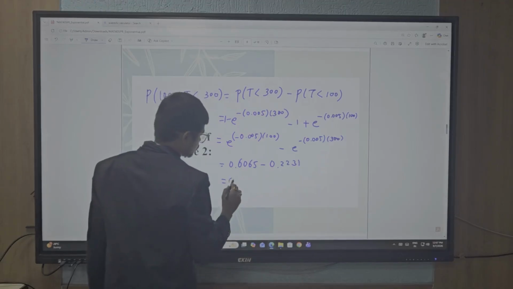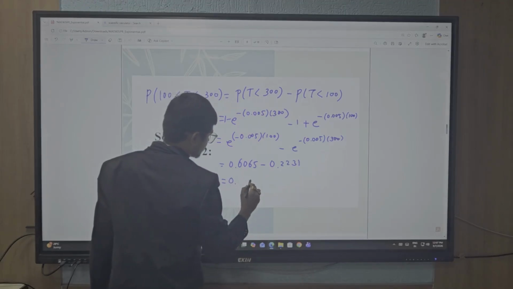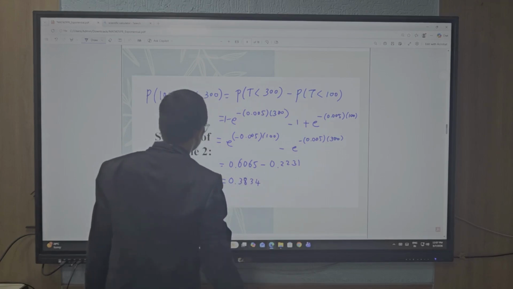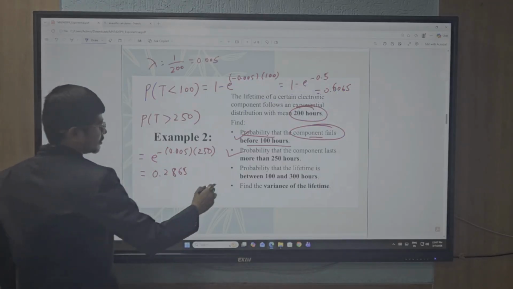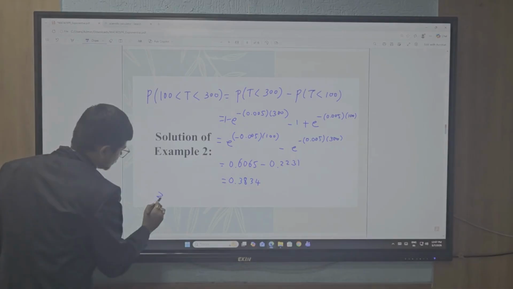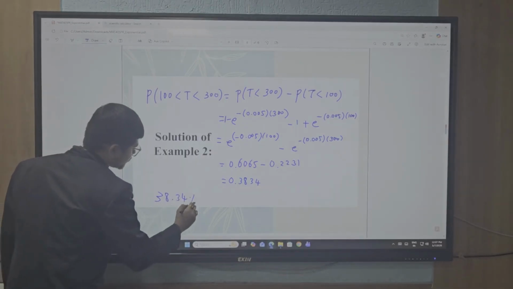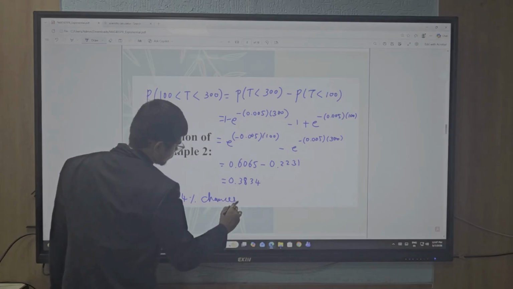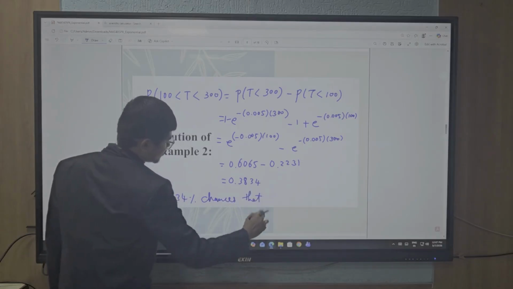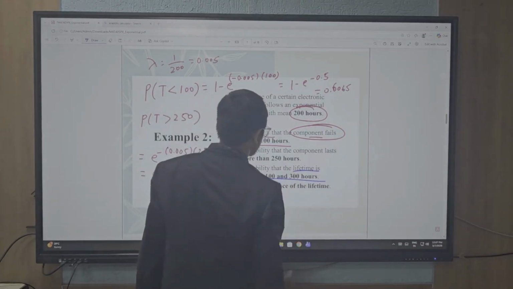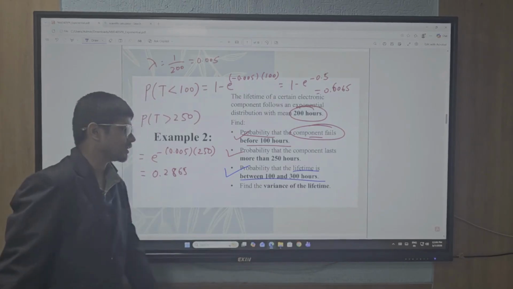So now solve this, and we get 0.3834. So here, as an interpretation, there is a 38.34% chance that the lifetime is between 100 and 300 hours.